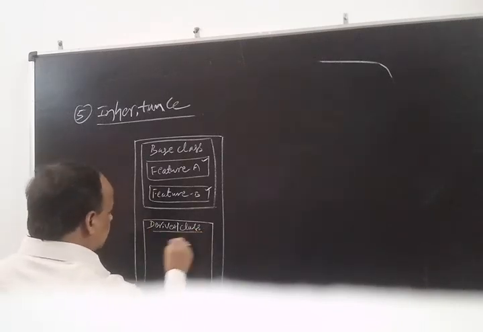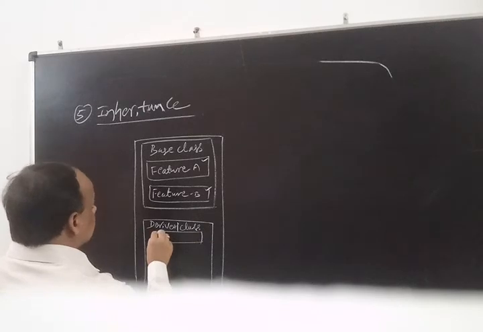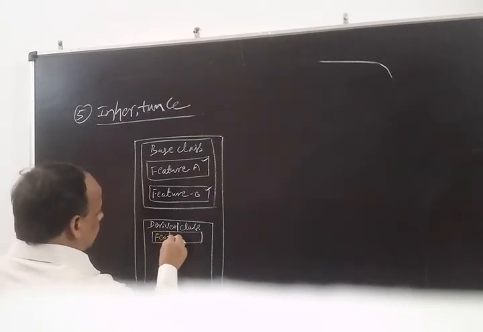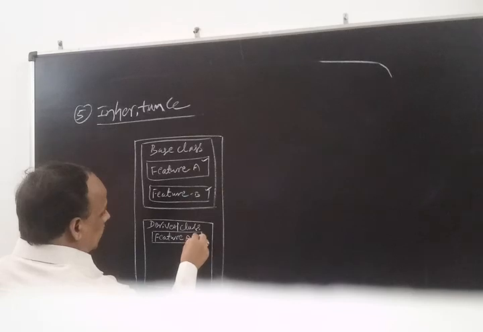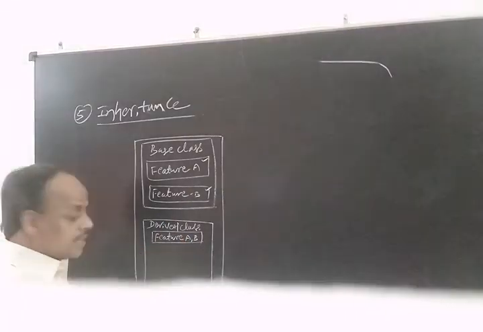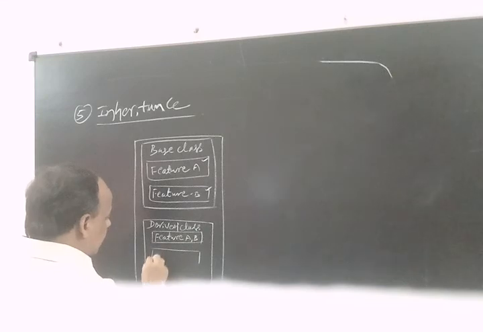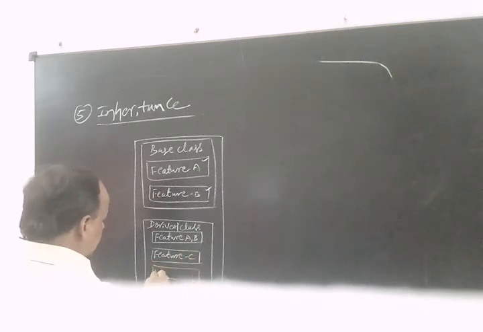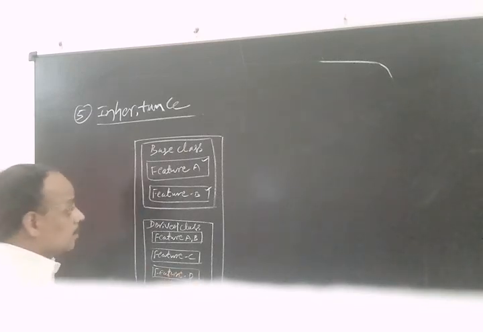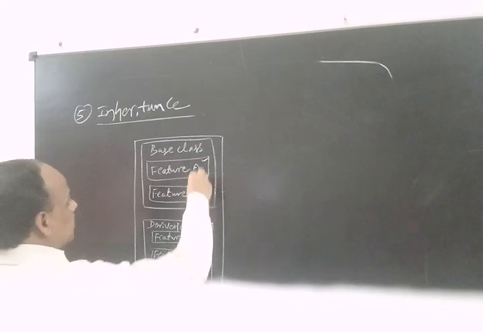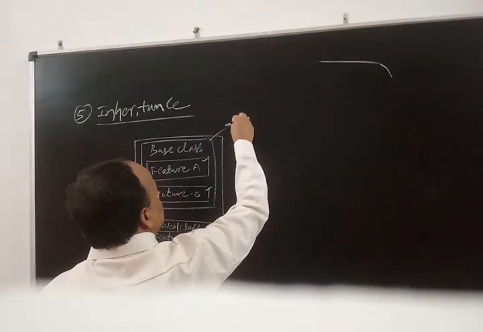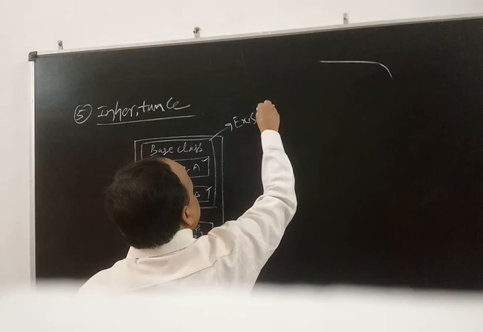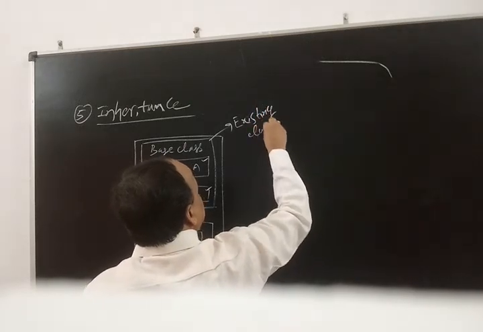This has the same features A, B, as well as new features like feature C, feature D. See, this is a base class, which is also called the existing class.